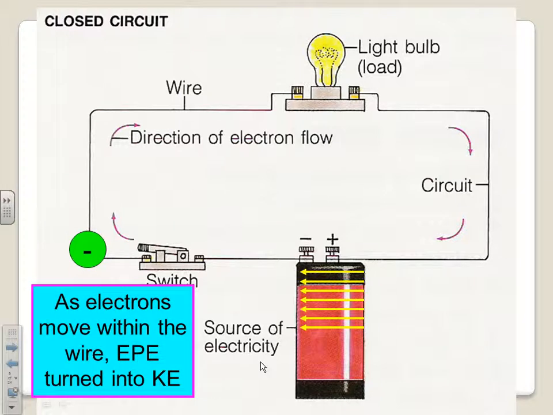Like we talked about, as the negative charges move away from the negative terminal of the battery, potential energy decreases. But if potential energy decreases, what do we generally see happen?